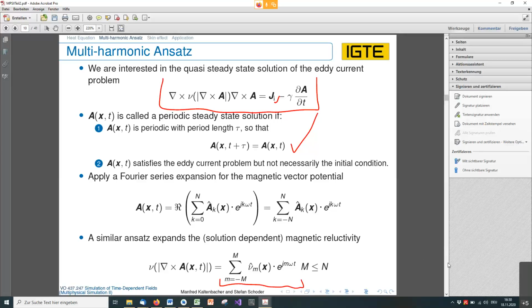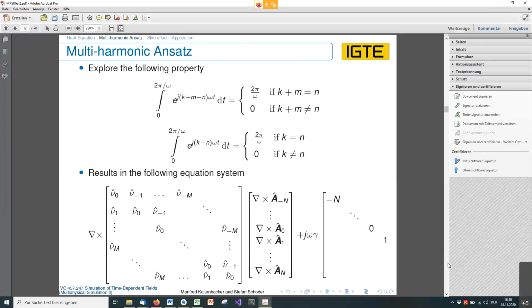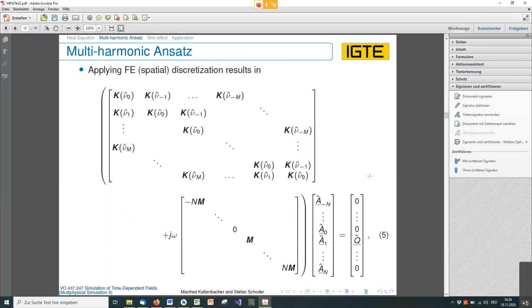And if you can decompose the reluctivity in this way, you can modify the actual PDE, at least in frequency domain, to a linear PDE, and you can then reduce the necessary number of iterations to solve the nonlinear equation system arising from the nonlinear reluctivity.